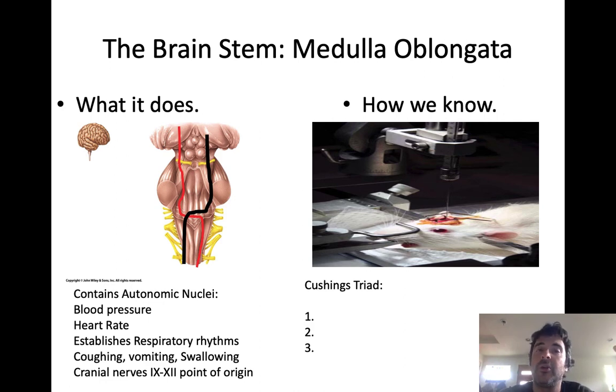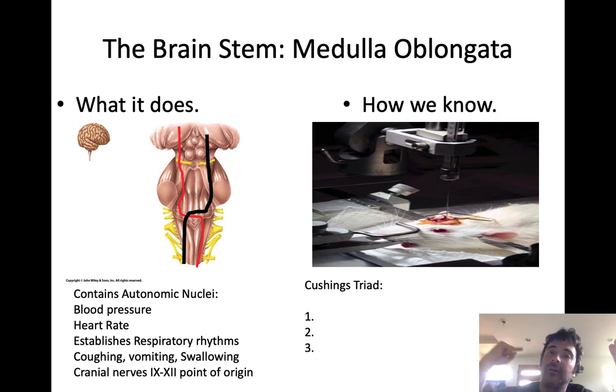And one of the things you do to treat Cushing's triad is you run an IV, like a hypertonic IV, and that can suck water out of the brain and essentially lower that intracranial pressure to alleviate pressure on the brain. So it's an example of how we apply our knowledge of things like tonicity to real world problems that you may encounter one day, for example, as a nurse.